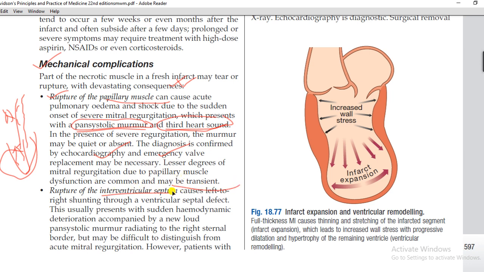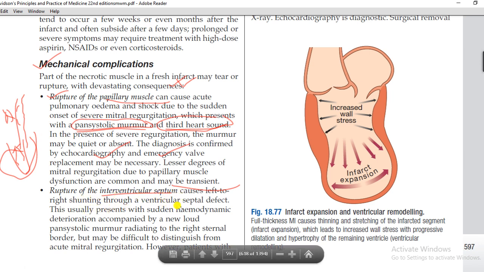Rupture of the interventricular septum causes left to right shunting of the blood through the ventricular septal defect. This is the patient with sudden hemodynamic deterioration accompanied by a new loud pansystolic murmur. As I have told you, it is the septum which separates the right and left sides. If there is damage to the interventricular septum, then blood will pass to the other side of the heart.